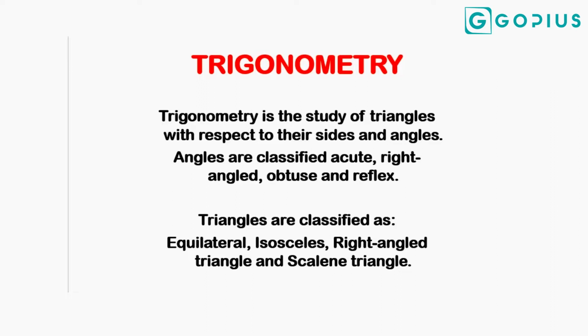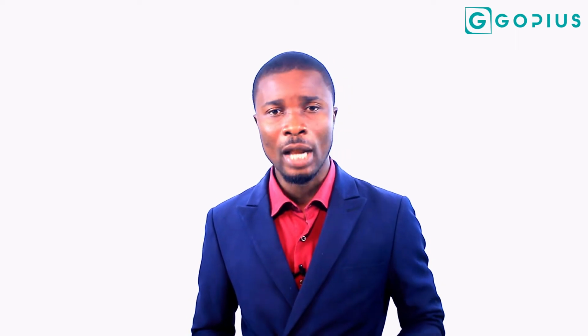These angles are less than 90 degrees, and they are referred to as acute angles. For the right angle, any angle that is equal to 90 degrees is called a right angle. If I have 2 lines meeting and the 2 lines are perpendicular to each other, an angle of 90 degrees will be formed. That angle is called a right angle.